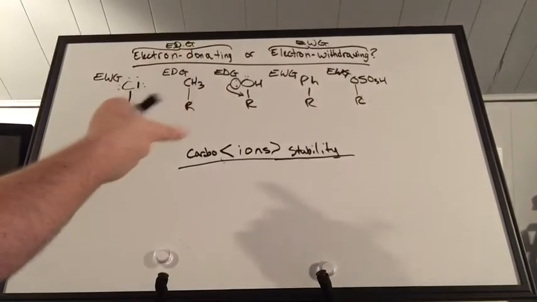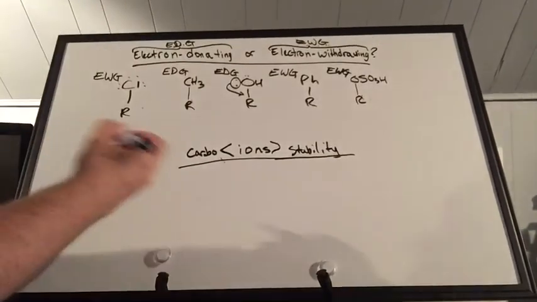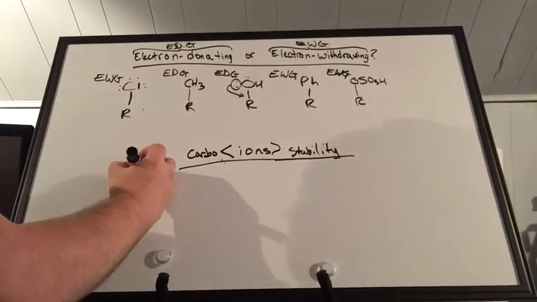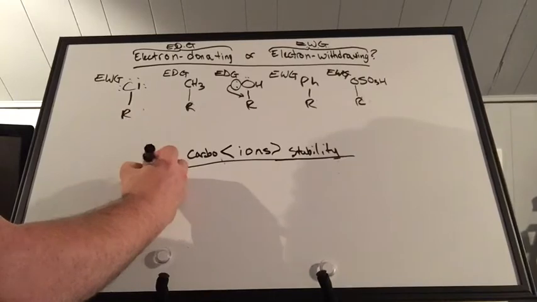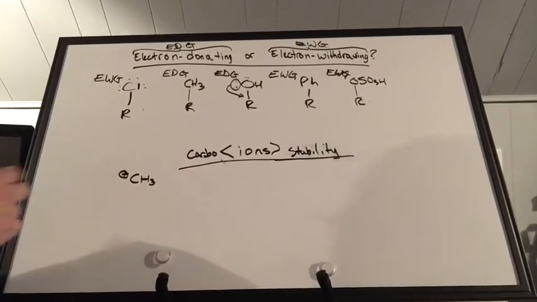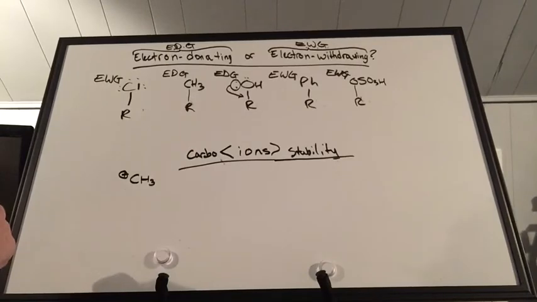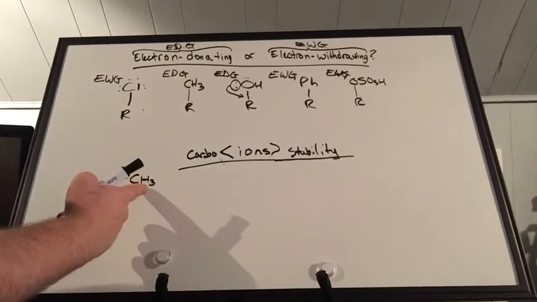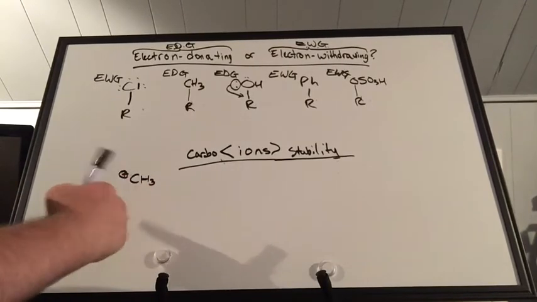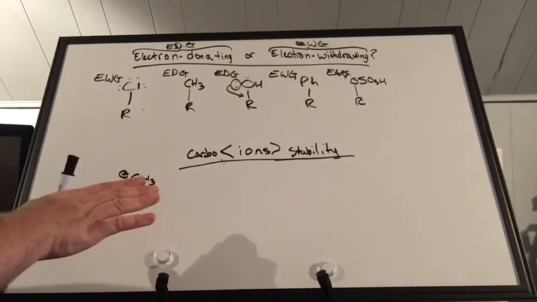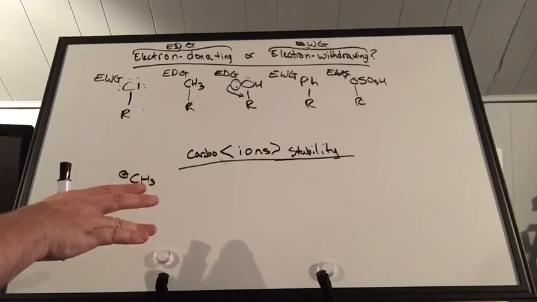Okay, so let's think about carbocations and then carbanions. So carbocations, let's just say this methyl carbocation here is going to be unstable if you have a hydrogen here. Hydrogen is really sort of like the no man's land of electronegativity, right? It's neither nor.